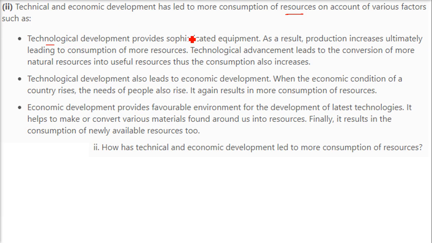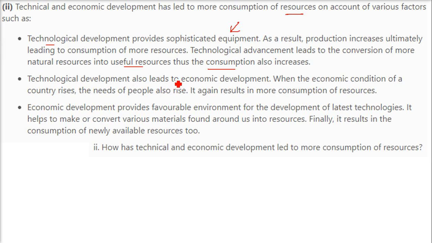First, technological development provides sophisticated equipment. Now we have state-of-the-art equipment. Because of this, production increases, ultimately leading to consumption of more resources. This technological advancement leads to the conversion of more natural resources into useful resources. Therefore, the consumption of resources has increased manifold.